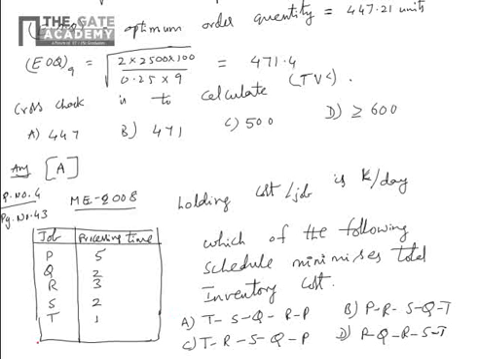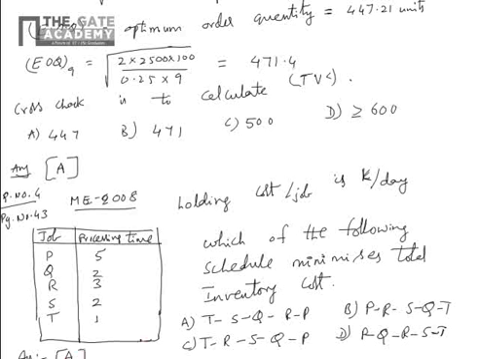To reduce the inventory carrying cost, you need to select the job sequence based on shortest processing time. So T has to come first, so A or C. Next Q or S, either one. So S is there, A. Answer is A.